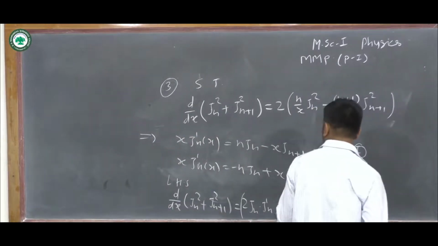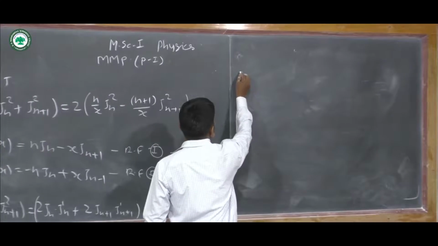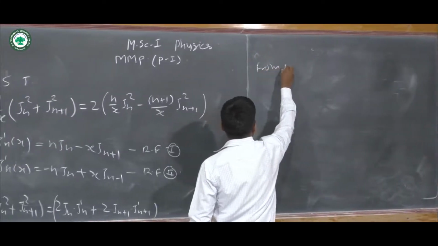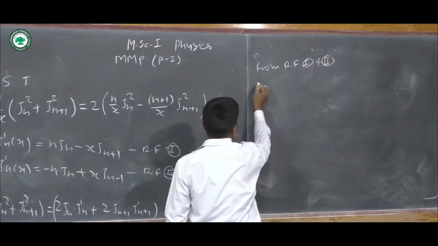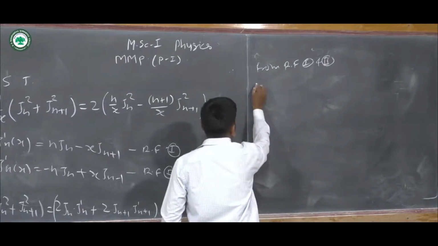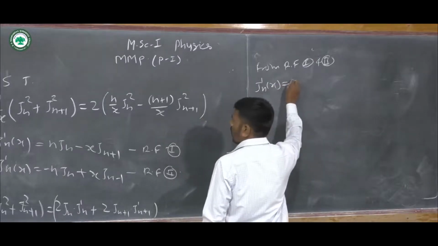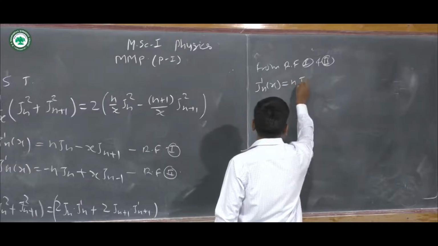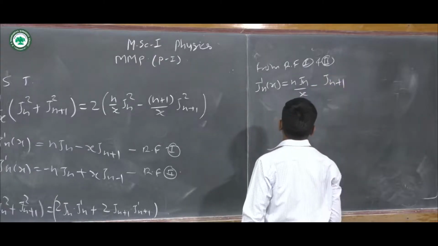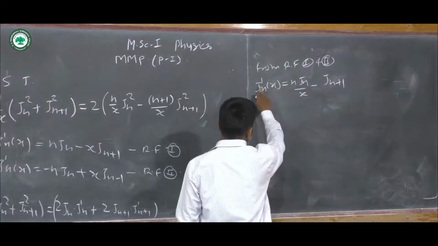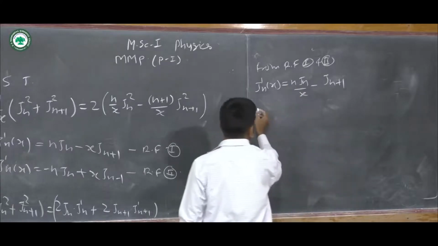From recursion formula first and second, we can write from the first: J prime n of x is equal to n Jn by x minus Jn plus 1.